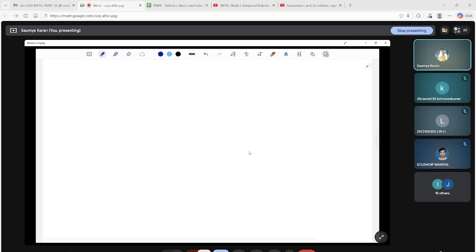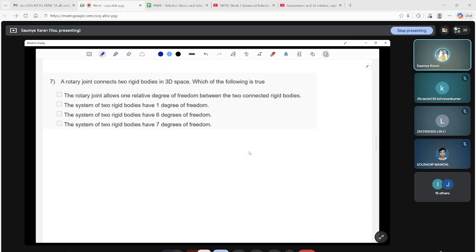Okay. A rotary joint connects two rigid bodies in 3D space. Which of the following is true? This is directly from the lecture. Can someone tell me? If they are not connected, let's say they are individual, how many degrees of freedom does this have?